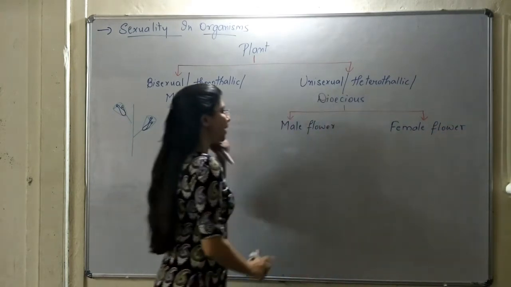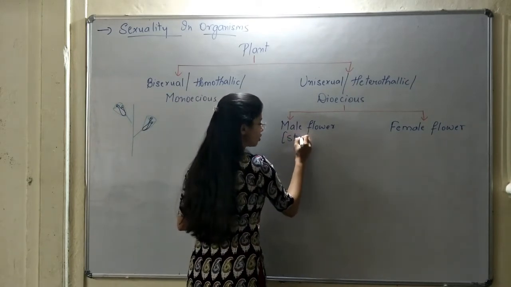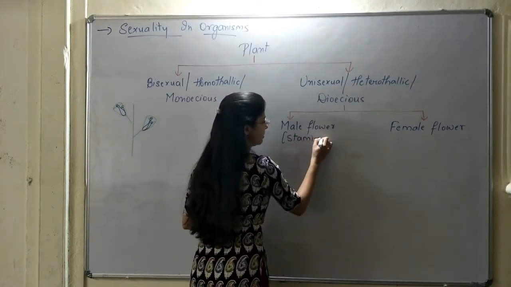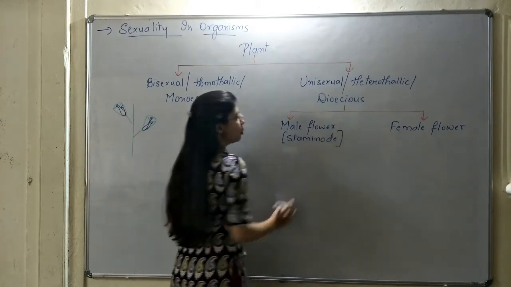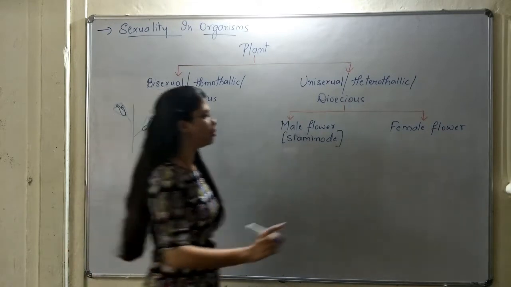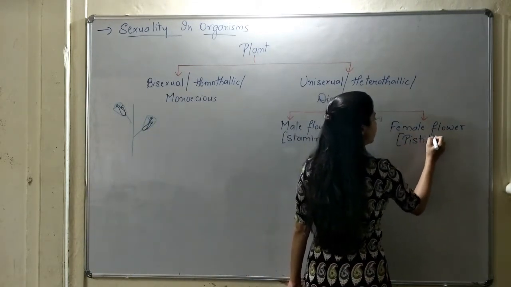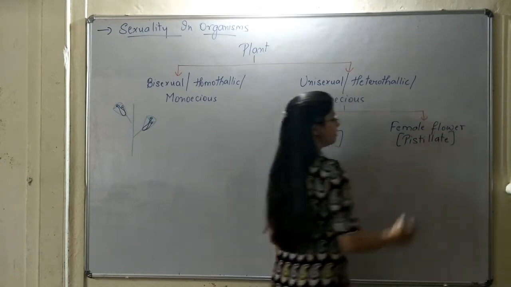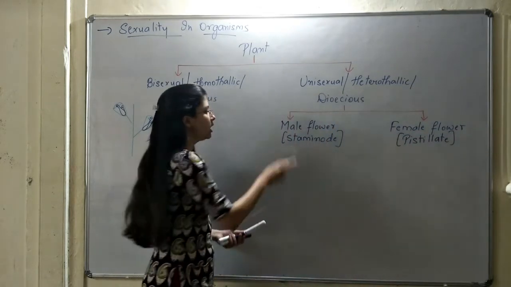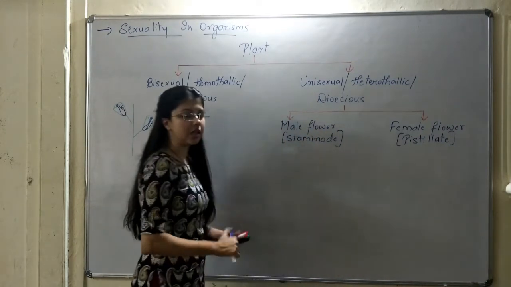So now, if a plant is having only male flowers, that flower is called staminate. A flower with only the male reproductive organs can be called staminate, and a flower with only female reproductive organs will be called a pistillate flower. Okay, male flower can be called staminate, female flower can be called pistillate.